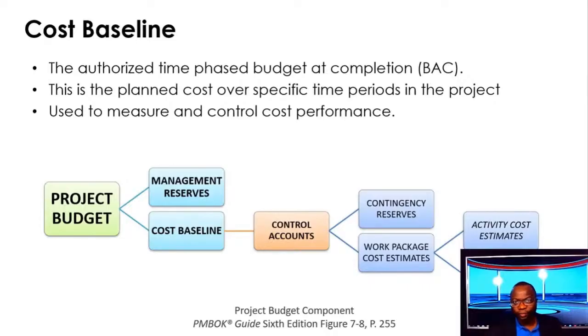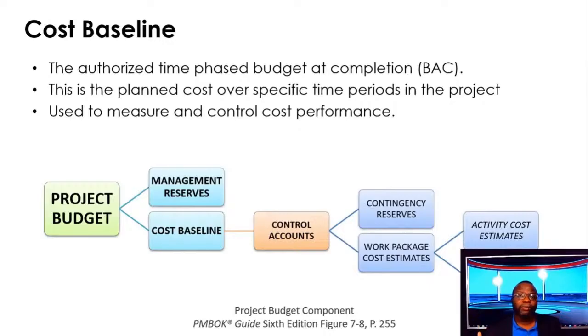And that's how it all maps into the overall cost baseline, and the cost baseline that we refer to as BAC is different from your project budget. Okay? So you need to really be familiar with the term cost baseline versus project budget.